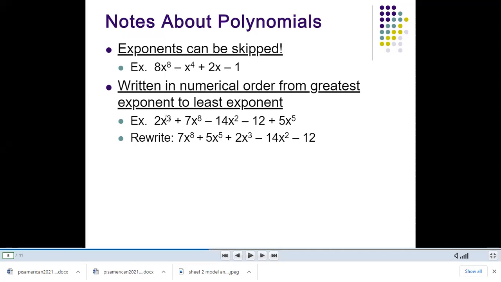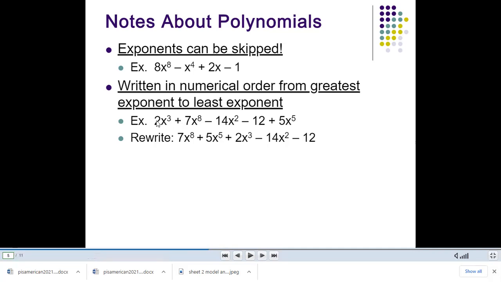So this one: 2x to the power of 3, 7x to the power of 8, negative 14x to the power of 2, plus 12, plus 5x to the power of 5. Is this expression written in order? No, it's not written in order.